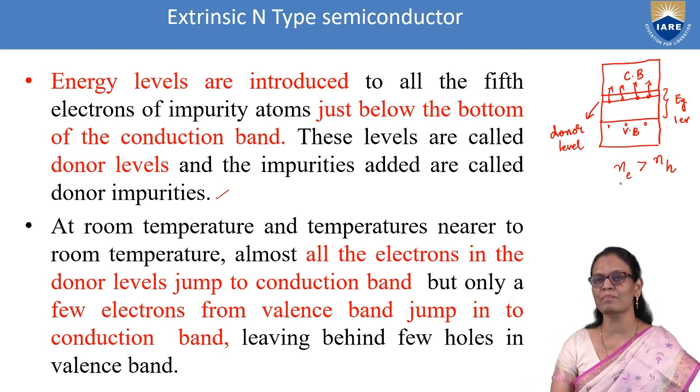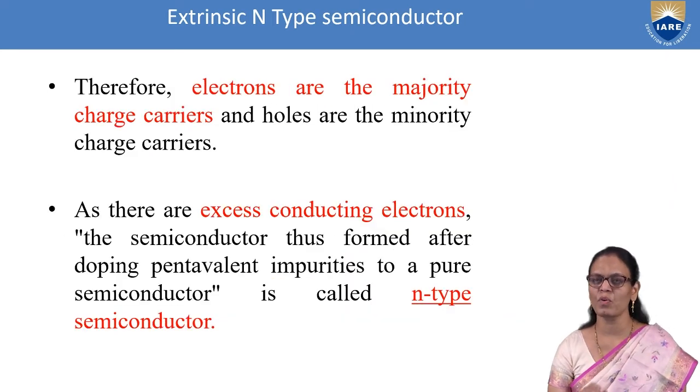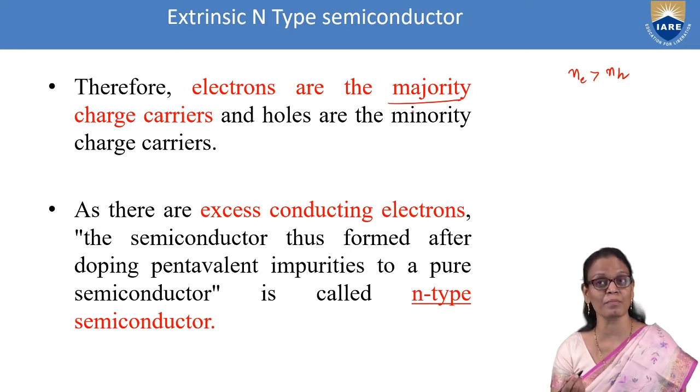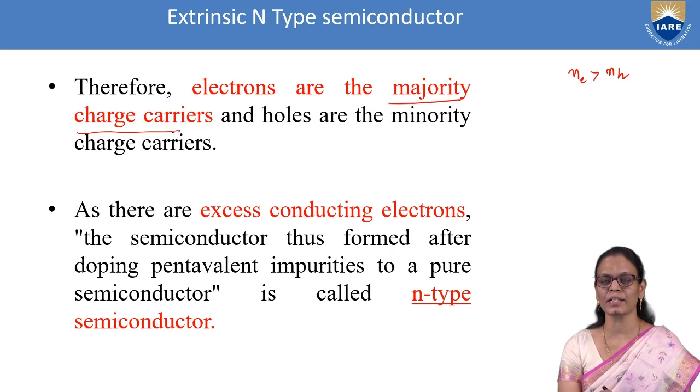That is why we observe Ne greater than Nh. Because Ne is greater than Nh, the electrons are called the majority carriers because they are more in number. They are in majority. So we call them majority charge carriers.